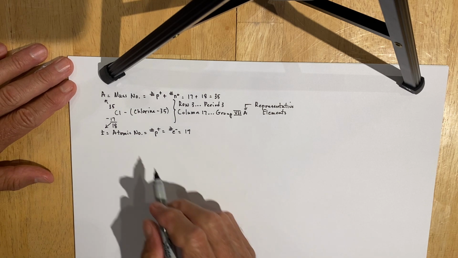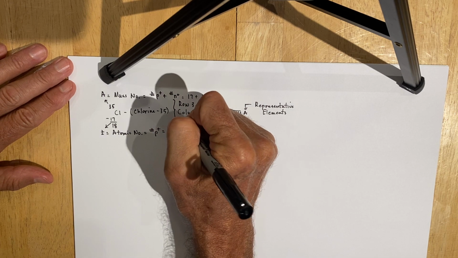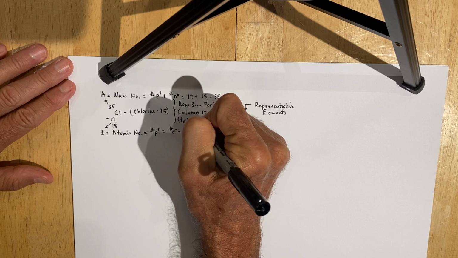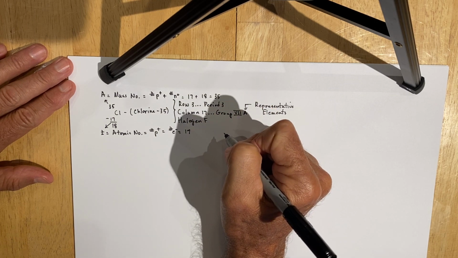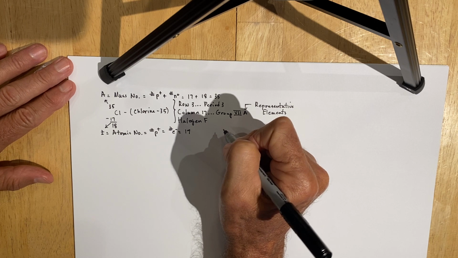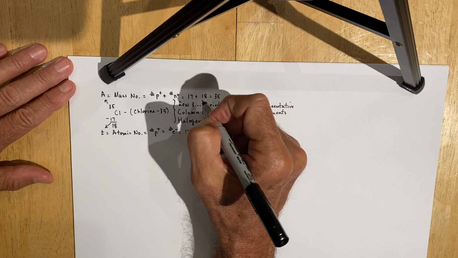We say that chlorine is a member of the halogen family, which includes fluorine, chlorine, bromine, iodine, and astatine.